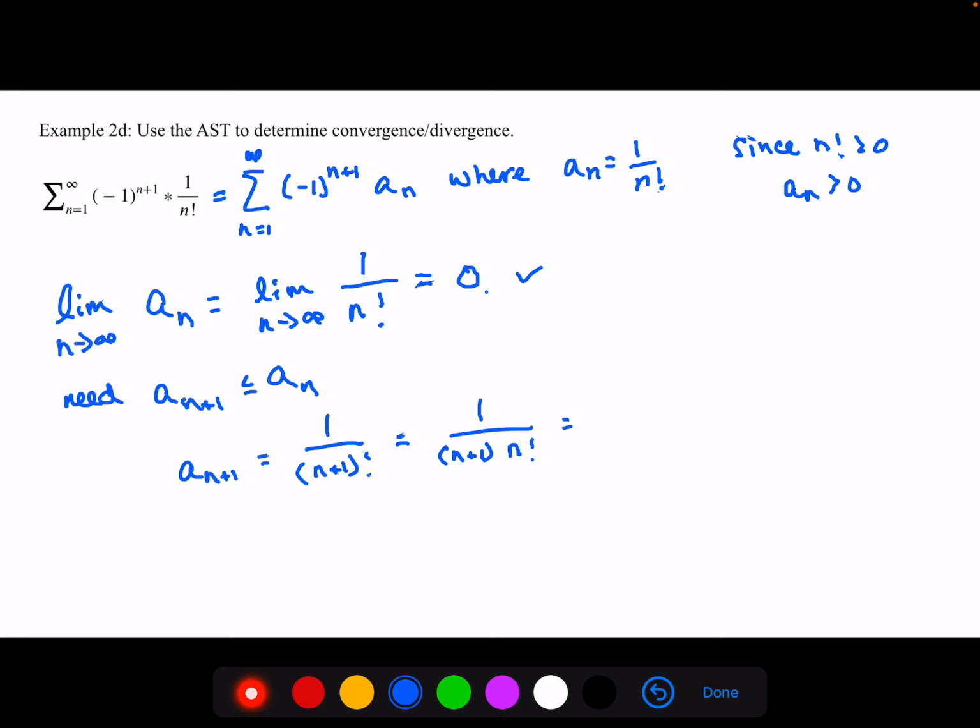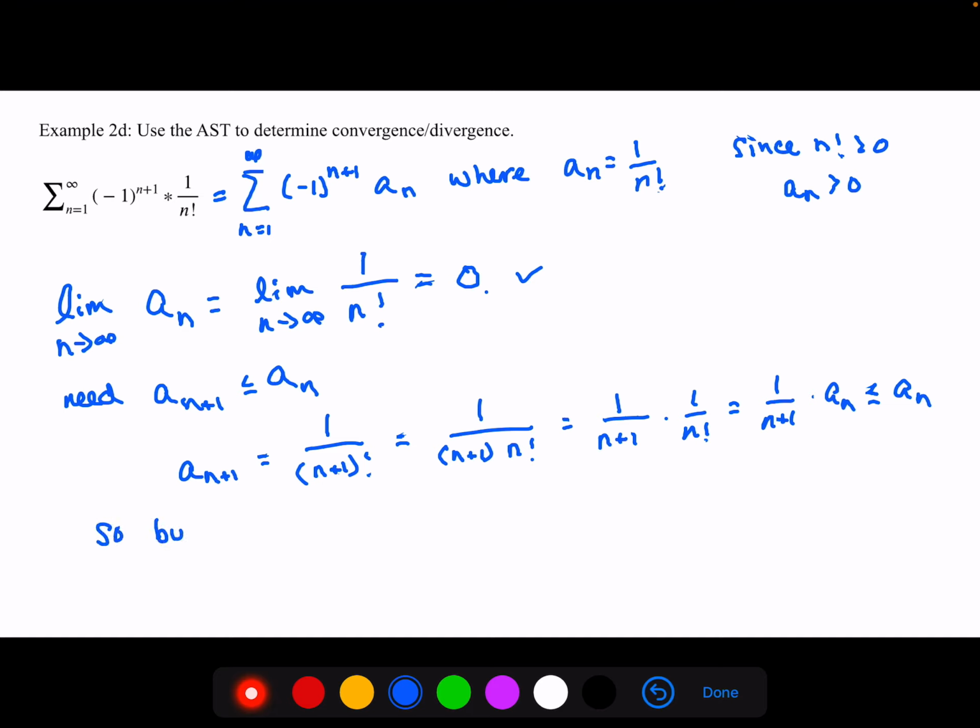Or in other words, we have 1 over n plus 1 times 1 over n factorial. That means a sub n plus 1 equals 1 over n plus 1 times a sub n, which is less than or equal to a sub n, since n is greater than or equal to 1 and a sub n is positive.